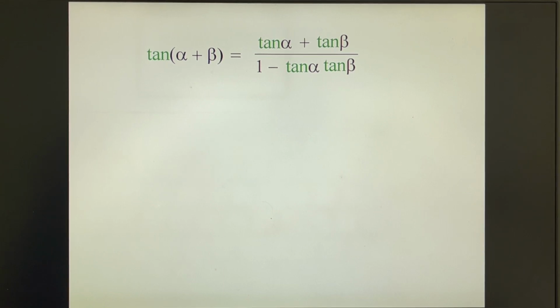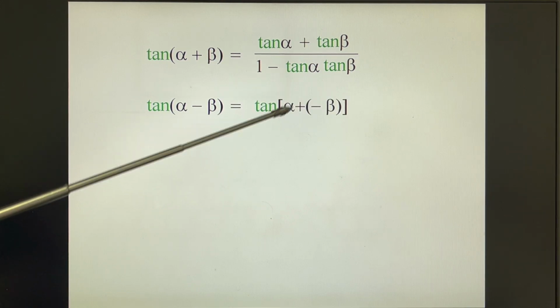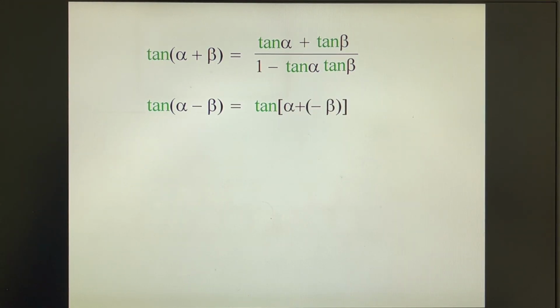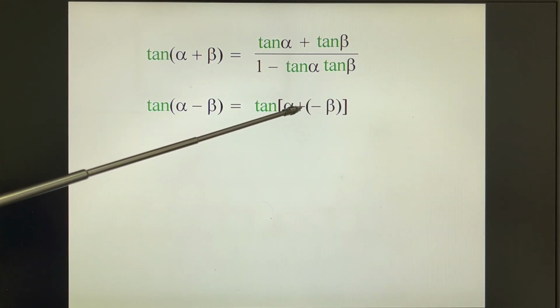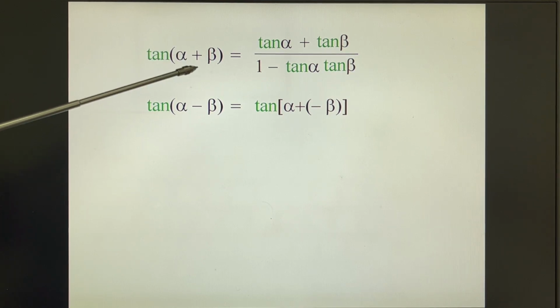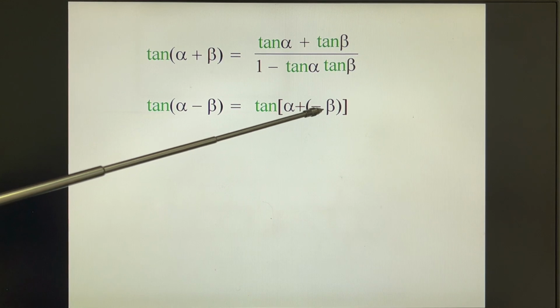How about tangent alpha minus beta? Let me rewrite alpha minus beta into alpha plus minus beta. Written this way, here is the sum of two angles. So I can use this formula, replace tangent beta by tangent minus beta.